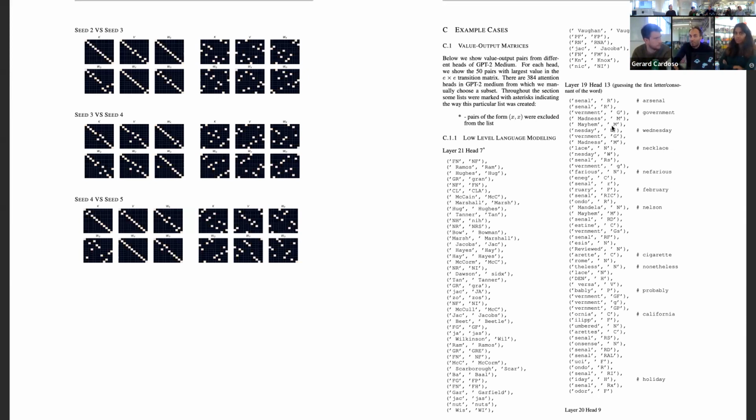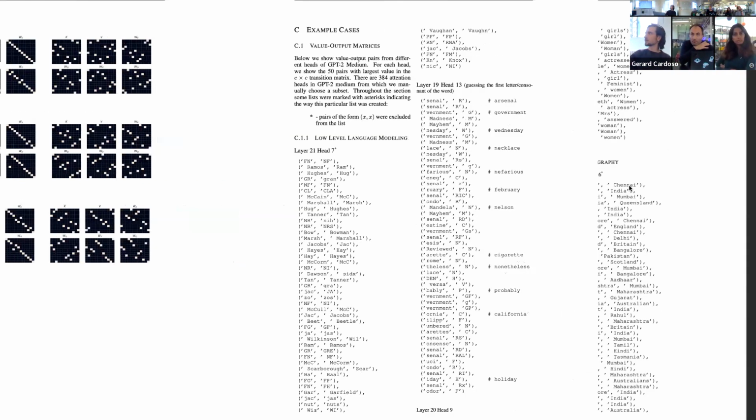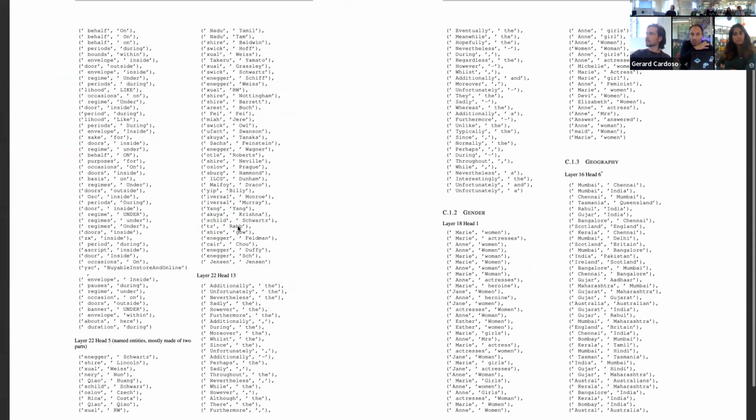You can interpret them in different ways, because sometimes it can mean the king and queen are similar, other times king and husband are similar. So it's like different functions. Effectively, when these two are present, they attend to each other quite heavily, these tokens at these tags.